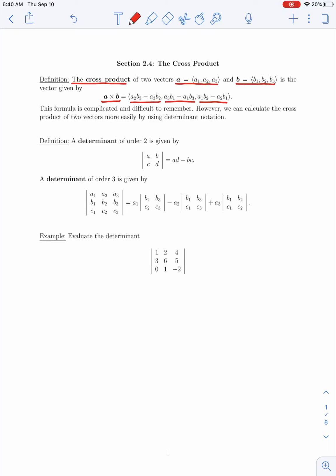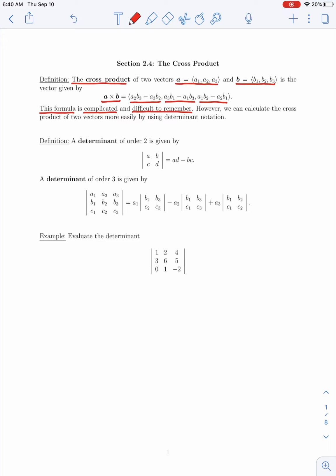Now in this definition, I'll mention that for each of these components, this formula is pretty complicated and can be difficult to remember. Like which components of A and B are you supposed to multiply, and what is the order of the difference? So this definition is a little bit difficult to remember.